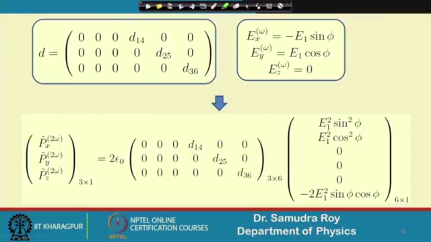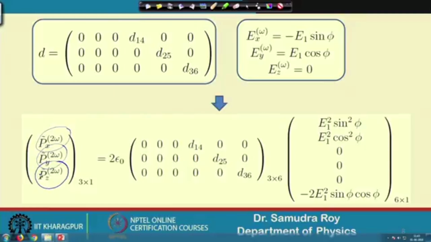So, now we have the D matrix in our hand, and we have the E components in our hand. When these two are in our hand, we can readily write the D matrix and the E components in vector form, so that I can figure out Px, Py, Pz, the nonlinear polarization components at 2 omega frequency.